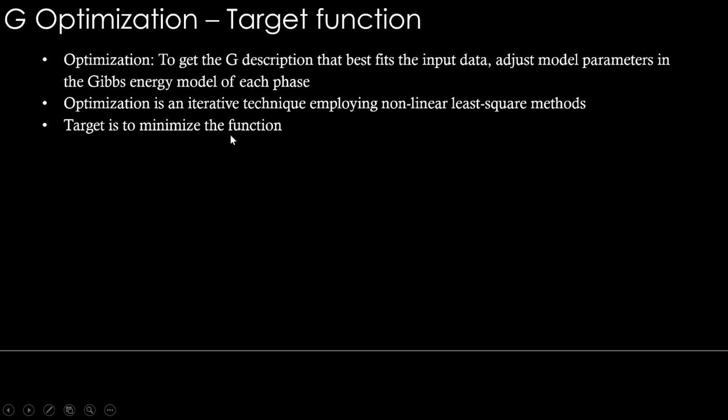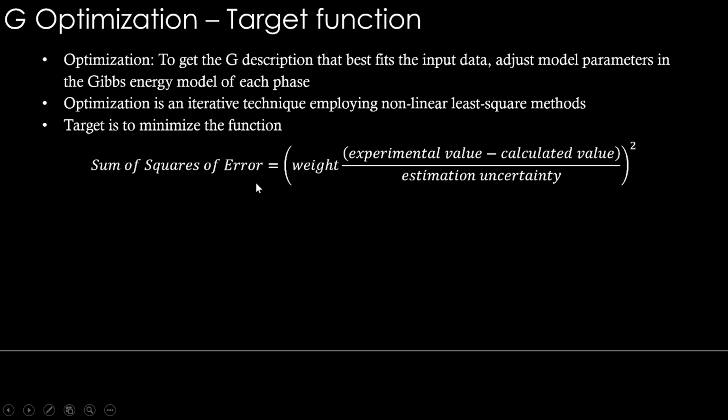The target is to minimize the function, the sum of squares of error. The sum of squares of error is essentially this part, the experimental value minus the calculated value. The difference between them is what we want to minimize, so that we get the best fit. But the error is quantified in this manner because these things also matter: the weight that we assign to each experimental value, divided by the estimation uncertainty, the standard deviation that we enter for each value, which goes in the denominator, the whole thing squared, so that we get the sum of squares of error.